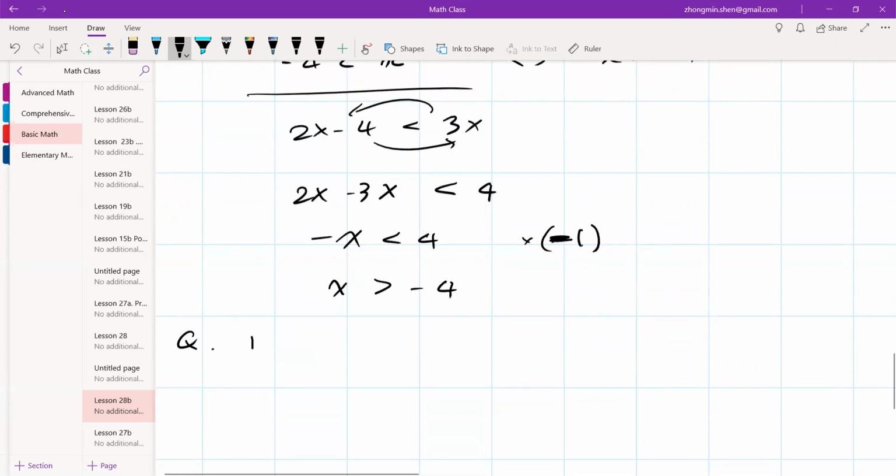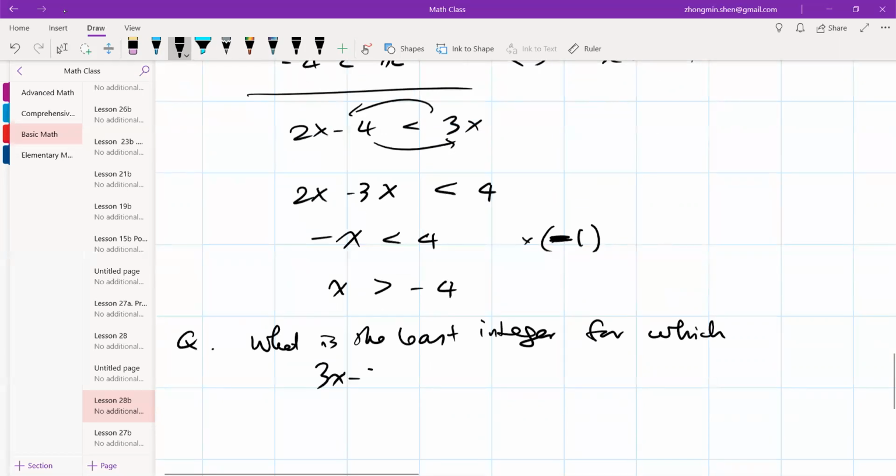My next question is, what is the least integer for which 3x minus 7 is greater than 24?